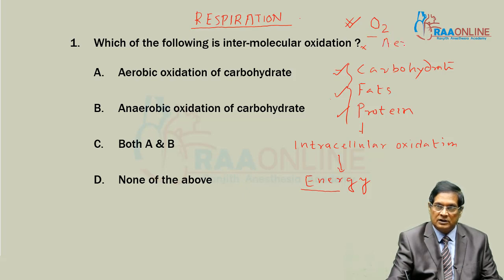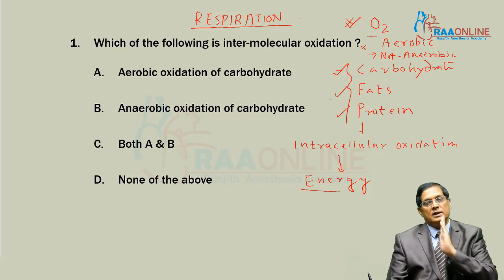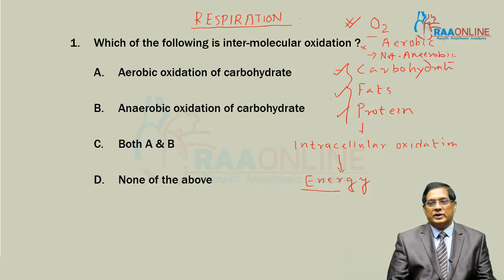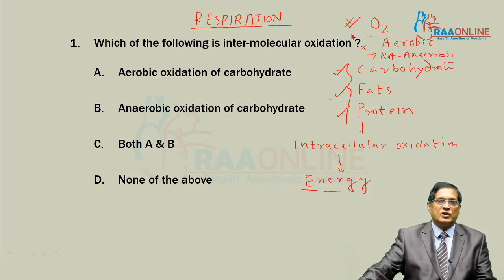If oxygen of the external environment is used, then the type of respiration is aerobic. And if oxygen is not used, in that case the type of respiration is anaerobic. And these carbohydrates, fats and proteins are called respiratory substrates.